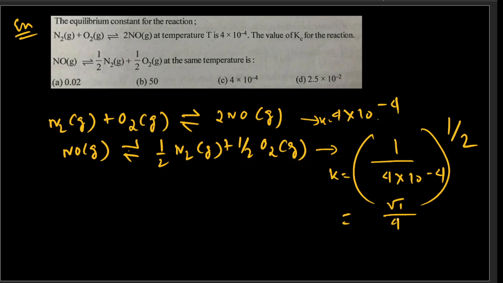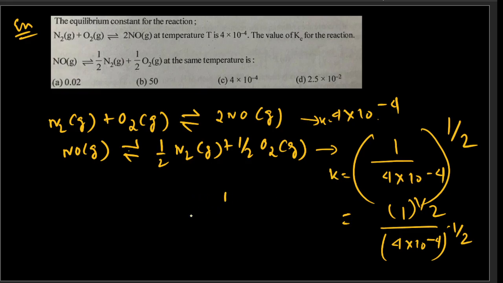So 1 by 4 into 10 raised to minus 4, all to the power 1 by 2. Root 1 is 1, and root 4 is 2, and root of 10 raised to minus 4 is 10 raised to minus 2.